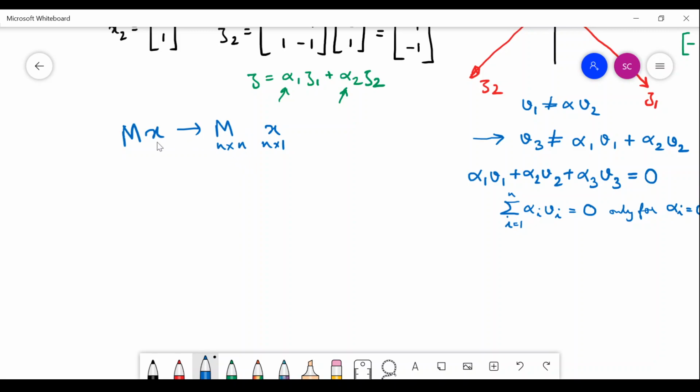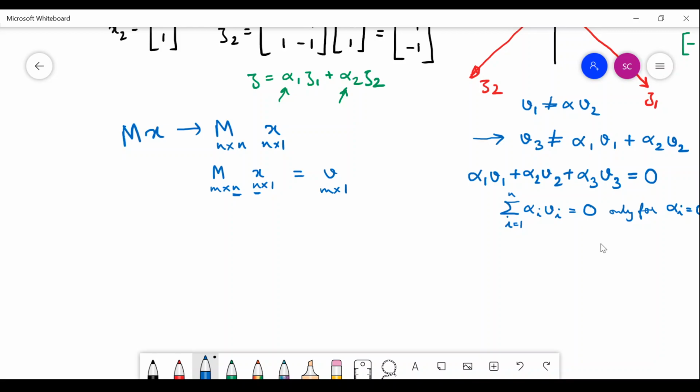In order to do the Mx operation algebraically, we don't need it, right? So let us suppose for now that M is M cross N. This is required. So this last number should match with this number. So now you will be able to get vectors V, which is M cross 1.